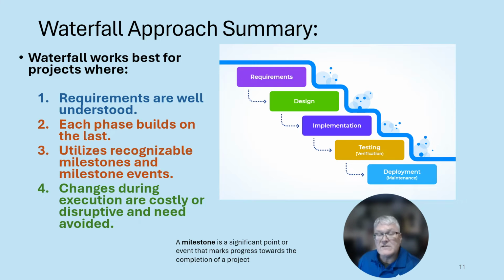A milestone is a significant point or event that marks progress towards the completion of a project. It's not necessarily measurable, it's just something that is substantial towards completion of the phase. And then finally, changes during execution are costly or disruptive, and they need to be avoided if possible.